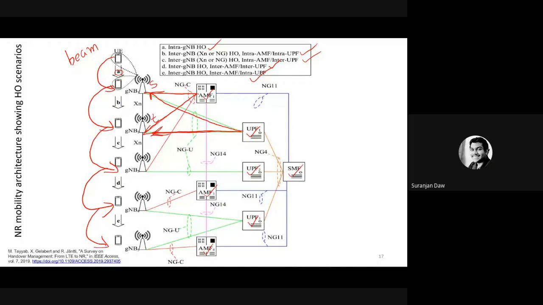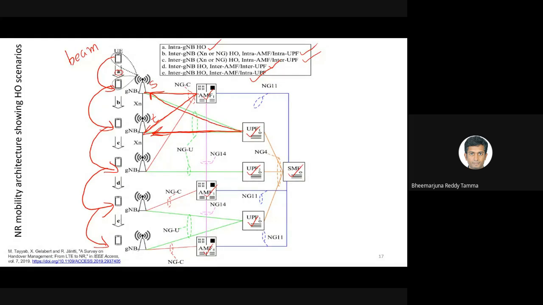All of these cases can happen. There is no hierarchy such that if one thing happens, the other cannot happen. For a given user, it depends on how the operators have configured their core network. Here I'm talking about the case where one SMF is connected with three UPFs and three AMFs, and certain base stations are connected with different AMFs and different UPFs.